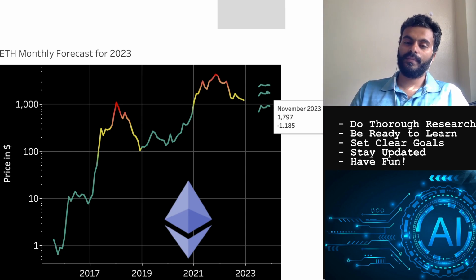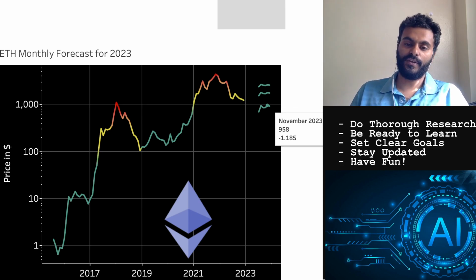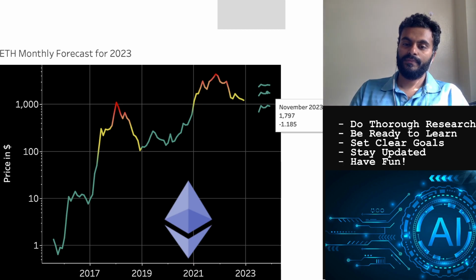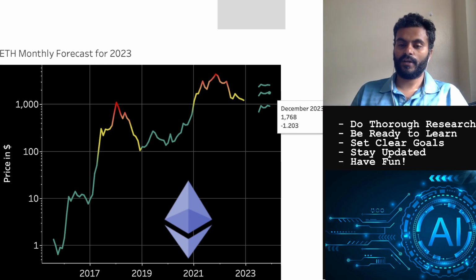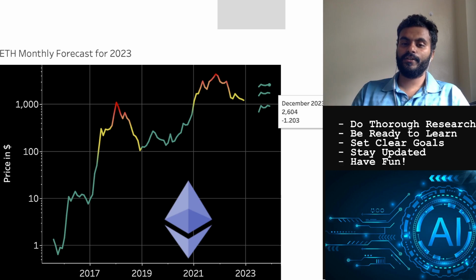For the month of November, the base case is at 1,800 US dollars. The bull case is at 2,600 US dollars, whereas the bearish case or any floor action is at 950 US dollars. For December, the last month of the forecast, the base case is at 1,750. The bull case for any rally is at 2,600 US dollars, and the bear case is at 932 US dollars.